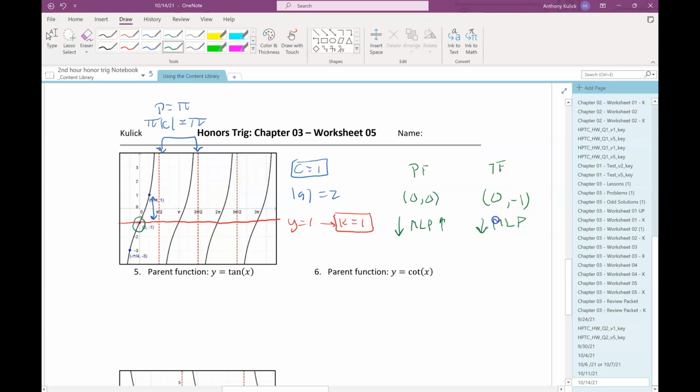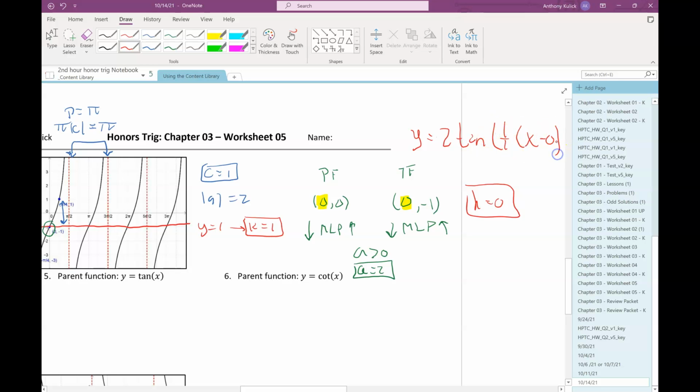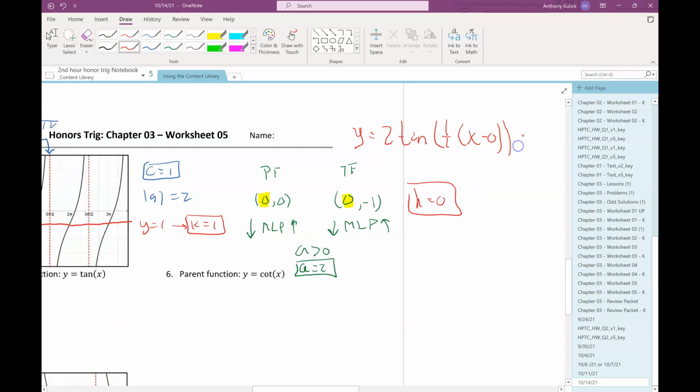That midline point, the left end points down and the right end points up. So this tells me that the A needs to be positive and that the H value would be 0. So we can say y equals 2 tangent of 1 over c x minus h plus k.